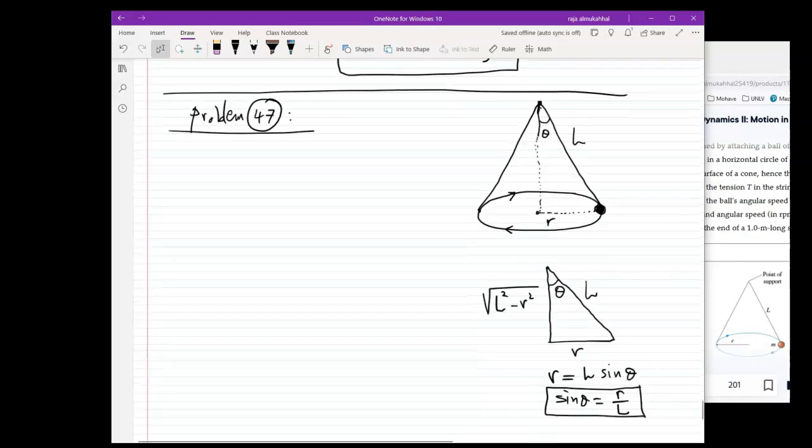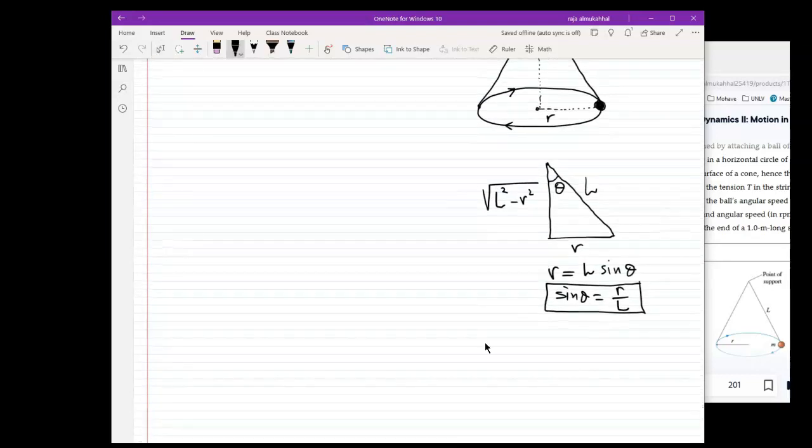Why do I say that? Because, again, look at the triangle. You'll see that cosine theta is equal to what? Adjacent over hypotenuse. So that's going to be the square root of L squared minus R squared, over L. So that's another expression I want to keep in mind.